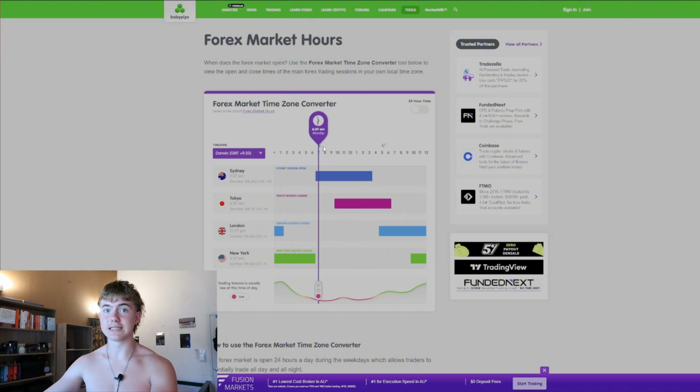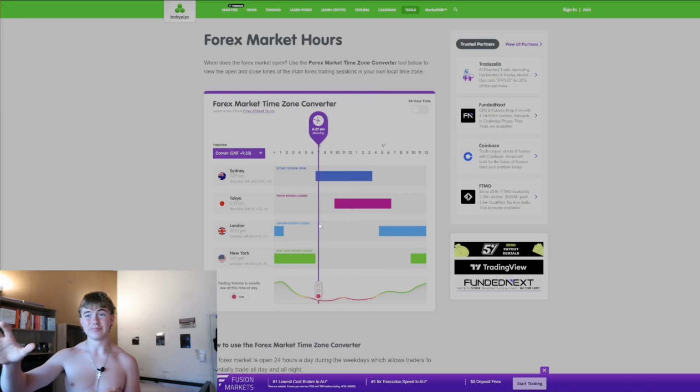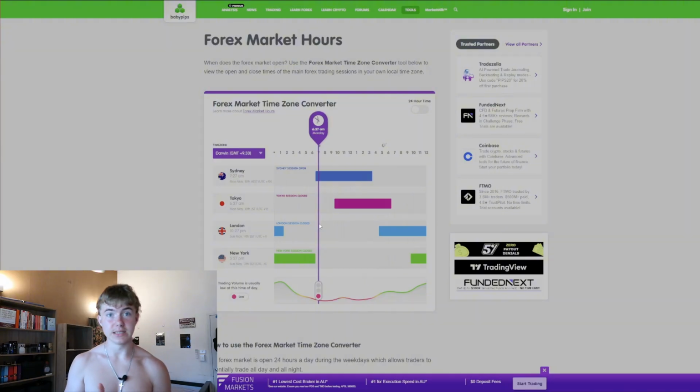For me right now, it's 6:57 a.m. Asia session is going to start at 9:30 a.m. And then you can trade it. It's probably good to just trade it for 2 hours. Now, Asia session is also a pretty small bank and doesn't have good liquidity.